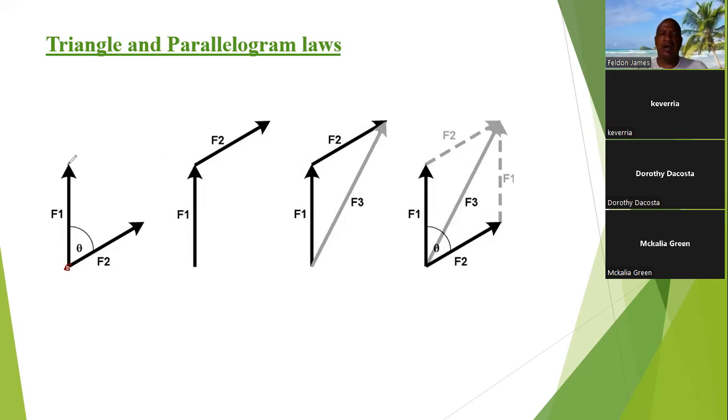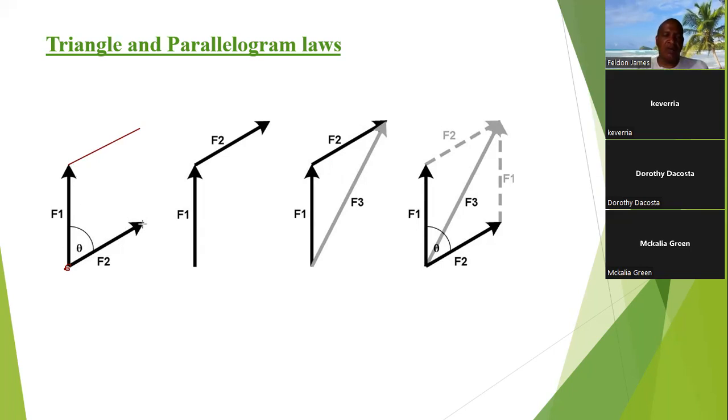All you need to do is draw another parallel line to this. Draw a parallel line to this vector here. So you draw a line the same length as this, and it is parallel to that.